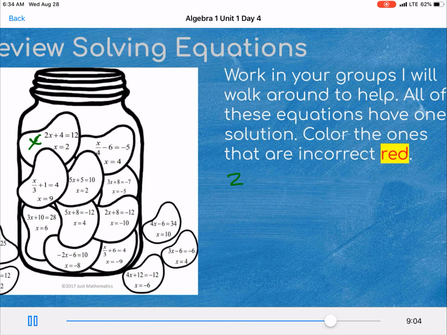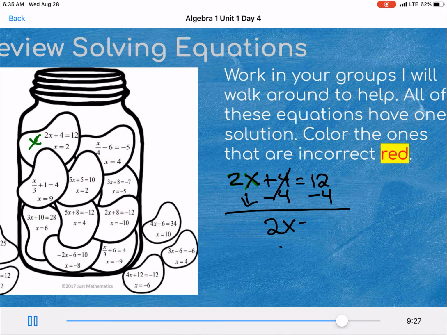It says 2x, let me choose another color, black. 2x plus 4 is equal to 12. Well, the first thing I have to do is get rid of the 4, so minus 4 on both sides. Those 2 simplify, 2x comes down. So 2x is equal to 12 minus 4 is 8. And we divide it by 2, divided by 2.